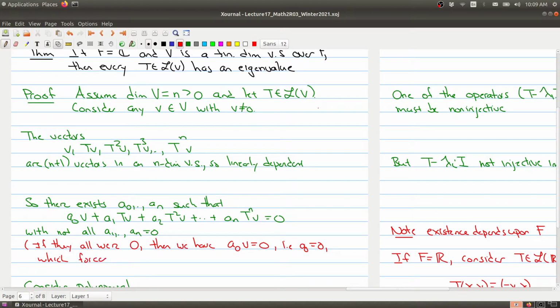Which forces v up to T^n v to be linearly dependent, or sorry, independent. That's the contradiction. Okay, so the key thing that we want is that one of these numbers a1 to an has to be not 0. Okay, so there's one of the numbers a1, a2 up to an that's not 0.